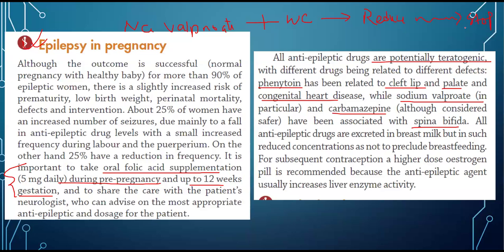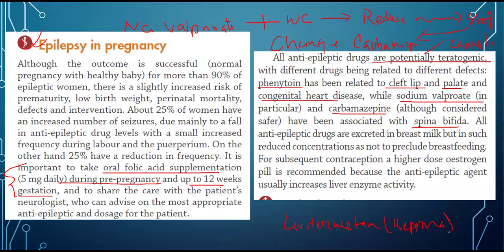If you stop the valproate, because there is always a risk that the patient can get an epileptic attack during pregnancy, we will change the valproate to something less risky. You would change to either carbamazepine, which is less risky than valproate, or even the newer antiepileptics, like lamotrigine or levetiracetam, commonly known as Keppra.